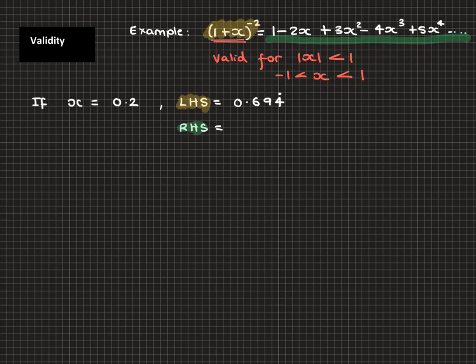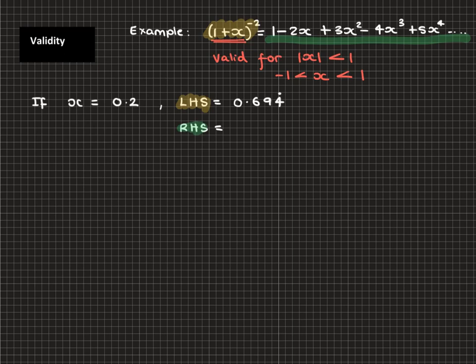I'm going to replace x with 0.2 in 1 - 2x + 3x^2 - 4x^3 + 5x^4. This will be a good opportunity for you to practice storing x = 0.2 as x on your graphical calculator and then typing the expression out in terms of x, rather than inputting 0.2 every single time. Now, what do we get as an answer?